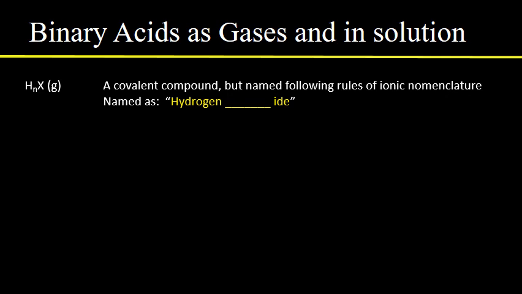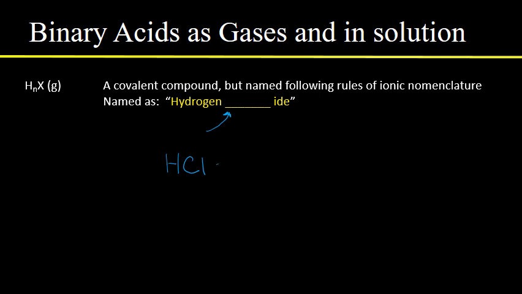So in the gas phase, it's a covalent compound, but it's named as if it were an ionic compound. So the binary acid between hydrogen and chlorine, we would follow this pattern here. The name is hydrogen blank-ide, and then you just put in the root for the acid in there.